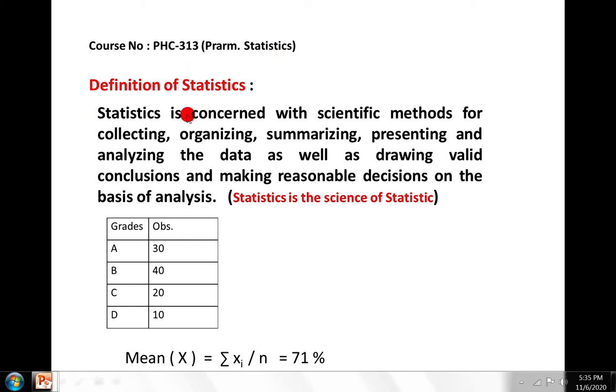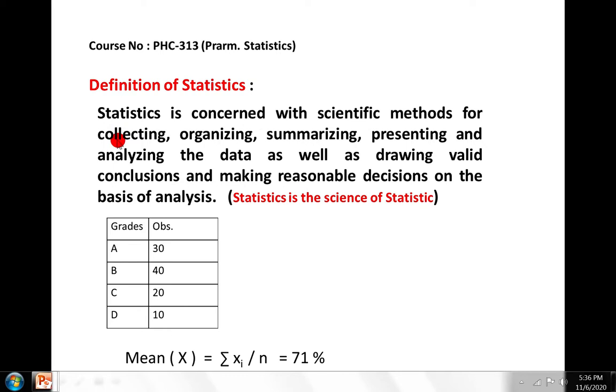Statistics is concerned with scientific methods for collecting, organizing, summarizing, presenting and analyzing the data, as well as drawing valid conclusions and making reasonable decisions on the basis of analysis. Full stop.